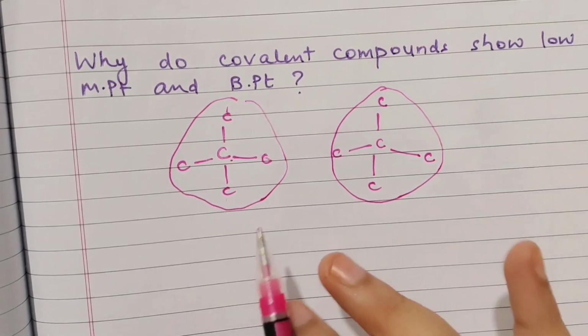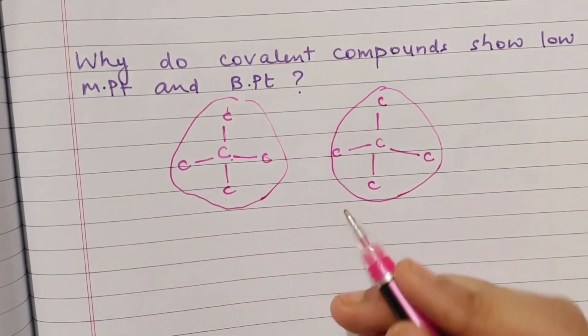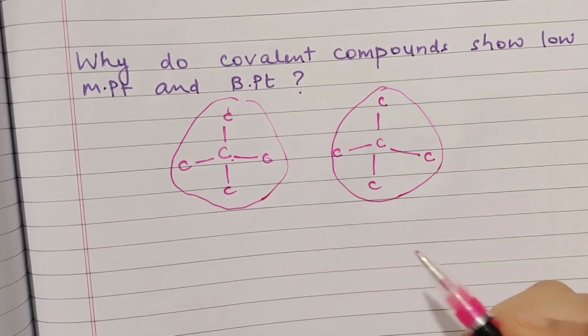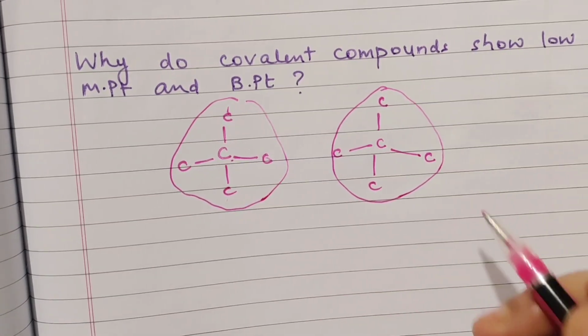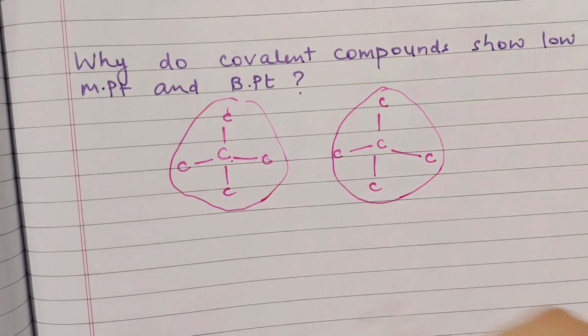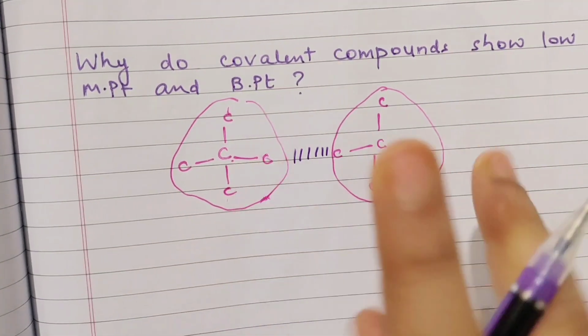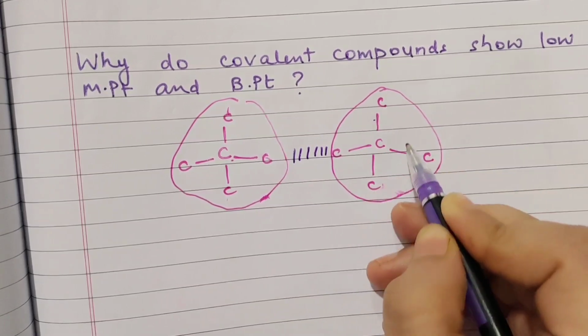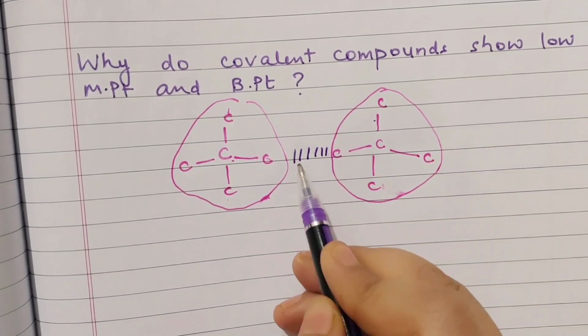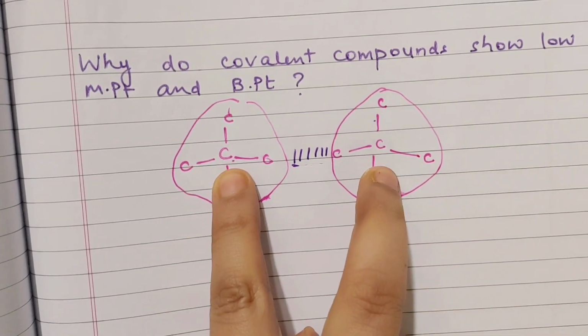What happens is, when you are trying to melt a solid or boil a liquid, you are breaking the interaction between two molecules. You are not breaking the bonds here, here, or here. You are breaking the interaction between molecules.